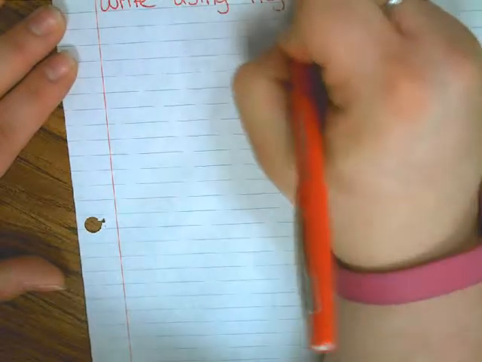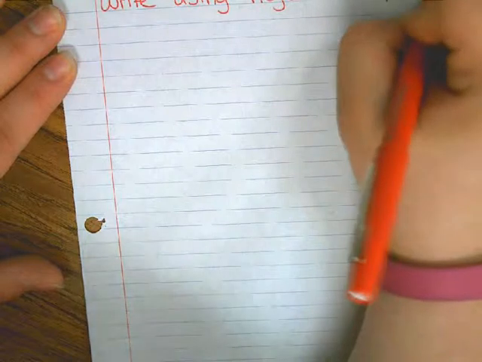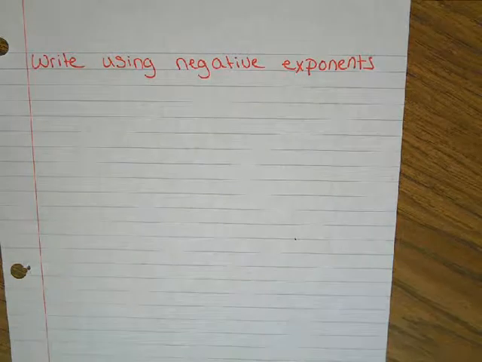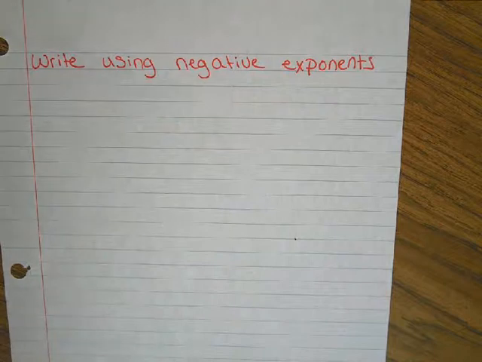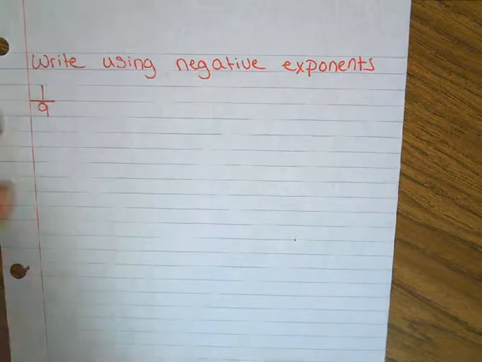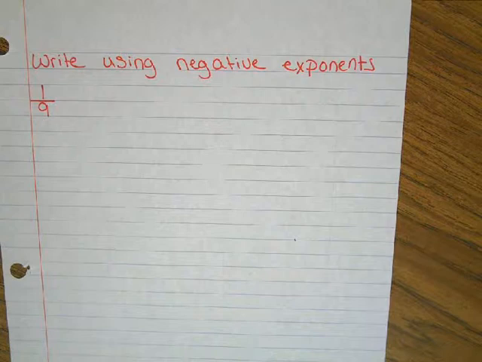Hey, write using negative exponent. So now we're going backwards. They're going to give it to you using positive exponent, and you have to write it using negative exponent. Do you have any of this written down, Roman? So if I give you 1 over 9, is there a number that I can take times itself to get 9? 3.